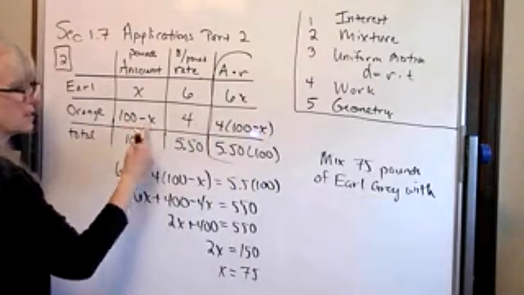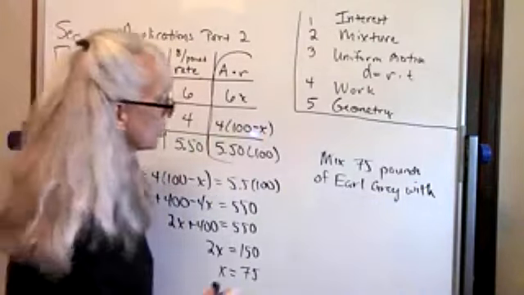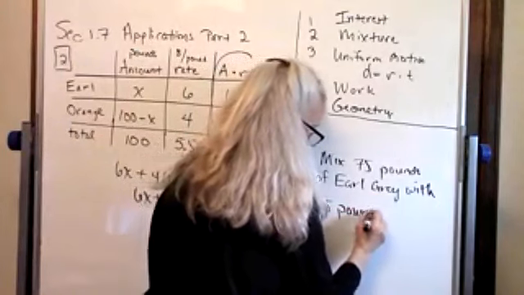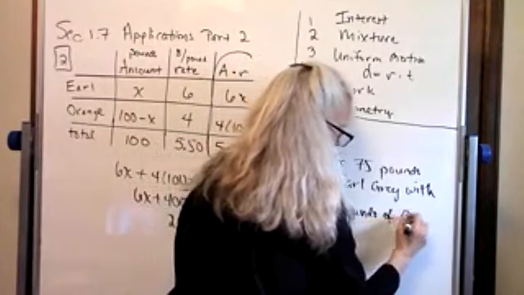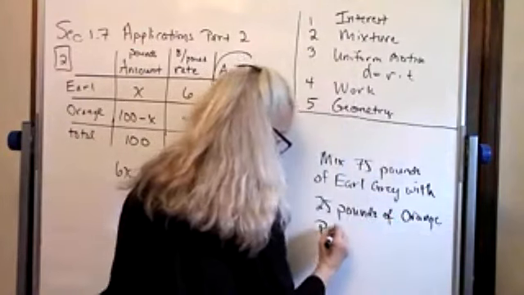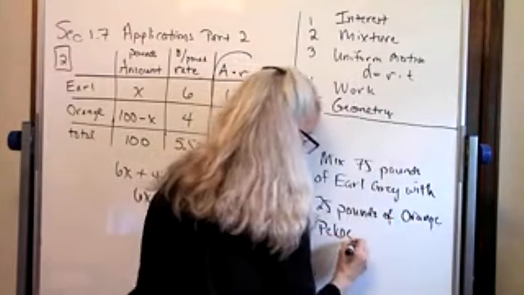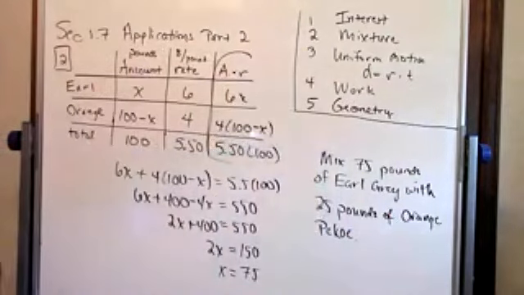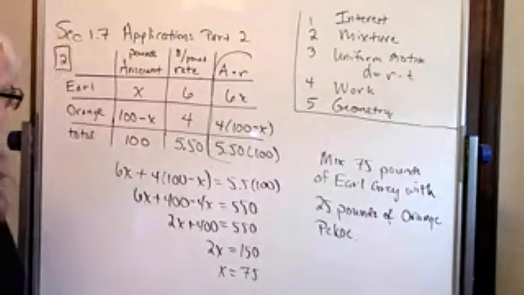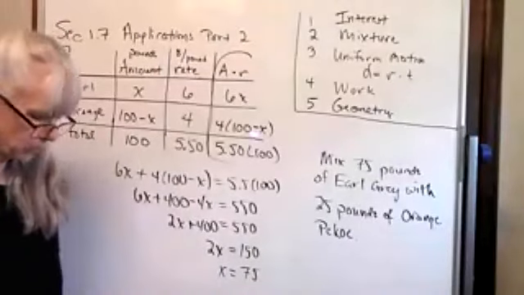So 100 minus 75 is 25. So we know we're going to mix 25 pounds of the orange pekoe. And there's our answer. So a mixture problem, very similar in nature to those interest problems. So I kind of lump them together in my brain.